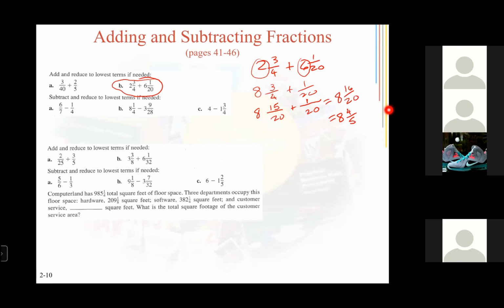All right. Do this one. 5 and 3/8 plus 2, and let me see. I've got to change this. Sorry. Let me change that.